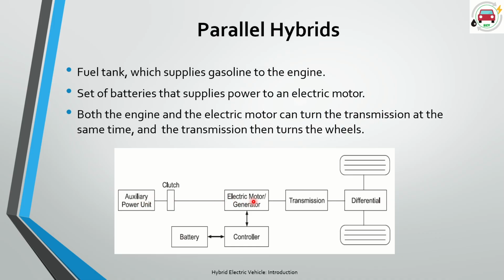When both power sources combine, the transmission gets around 50 HP to run the vehicle. This is the rear wheel having the differential, and you all know the function of the differential. As the power comes from the transmission, there will be a drive shaft running to the differential.